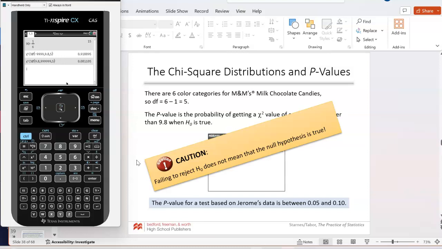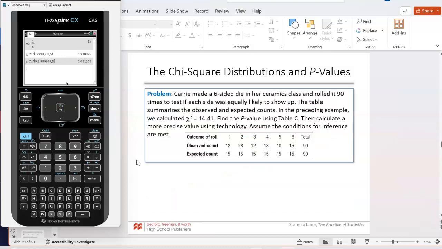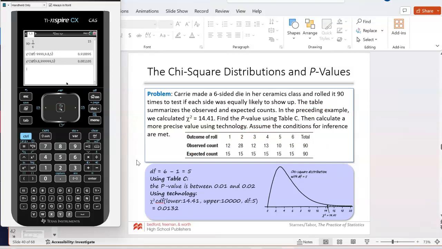Failure to reject doesn't mean we're saying the null is true, we're saying we can't prove it wrong, right? That's the idea of that. So again, you could just use technology to figure that out. So for this one, remember, our chi-squared value was, if I can read that, 14.41.